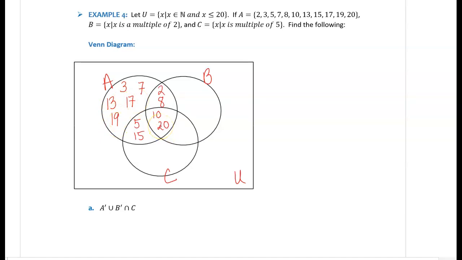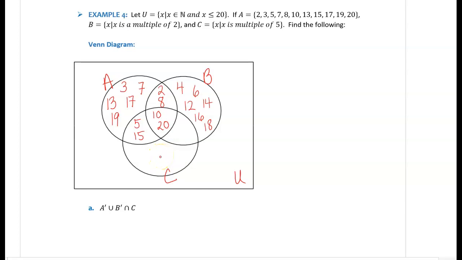If we're looking at multiples of 2, 2 is already placed, 4, 6, 8, 10, 12, 14, 16, 18, 20 is already placed. For set C, we have 5 already placed, 10, 15, and 20. So it turns out in the region where we just have elements that are just set C, there are no elements in this section.